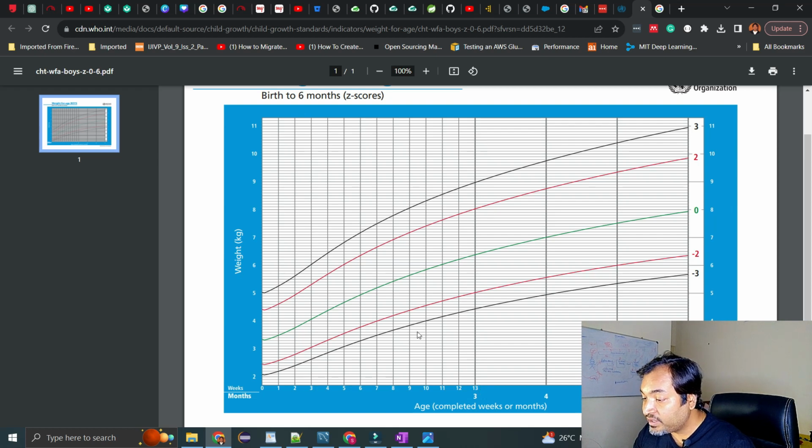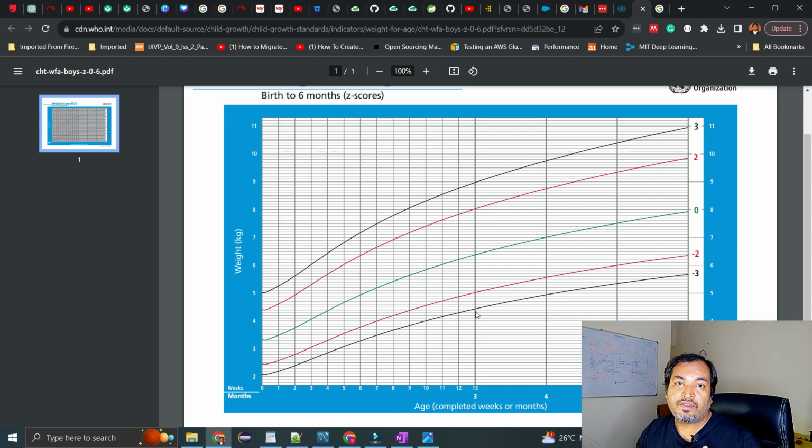So the average is this weight. In 6 months your baby should be around 6.2 or 6.3 kg, right? But some babies tend to get a higher weight, which is extreme, and some get a lower weight, which is the lower index of this, so -3.